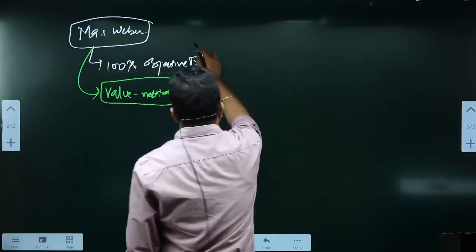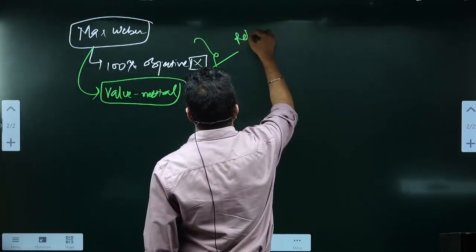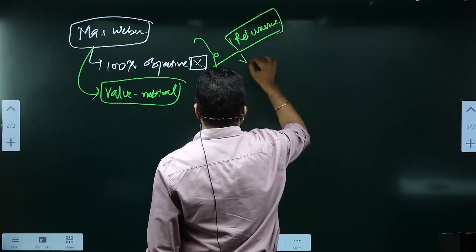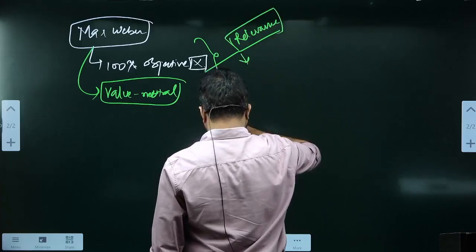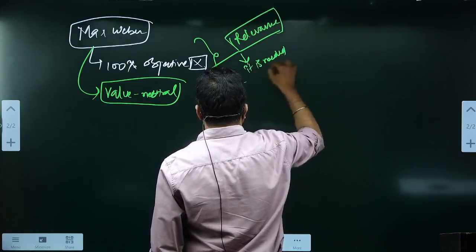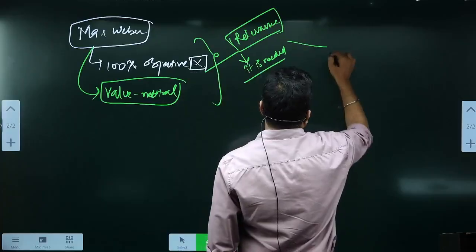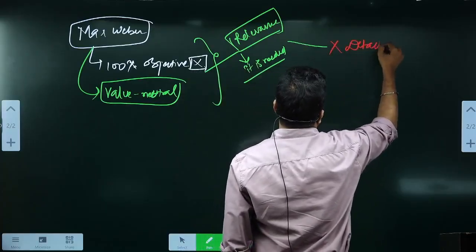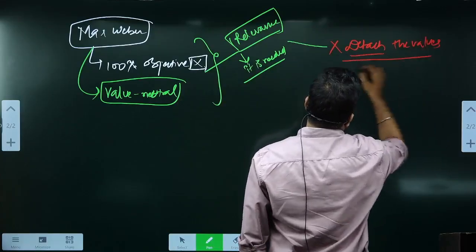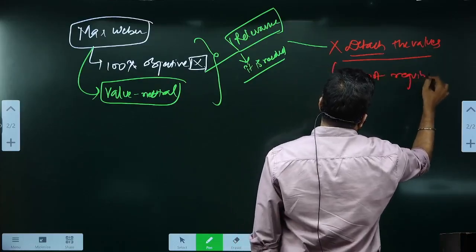That means we have to give importance or relevance to value wherever it is needed, and then detach the values where it is not required.